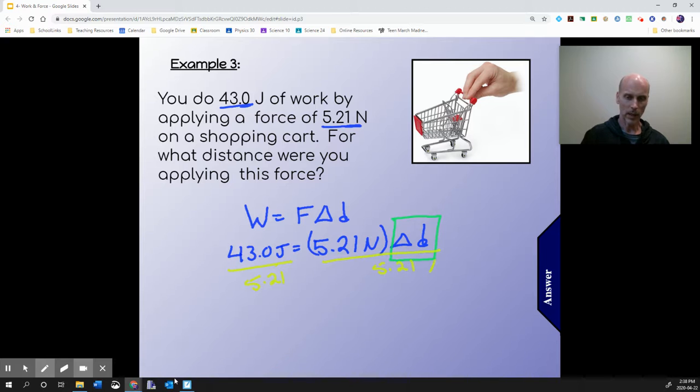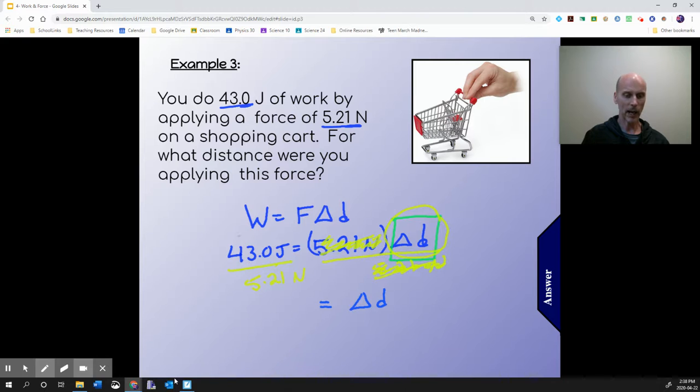So on this side, the 5.21 newtons times delta D divided by 5.21 newtons means that these 2 things cancel out. So we're left with delta D on this side. Well, that's great because that's what we want to know.